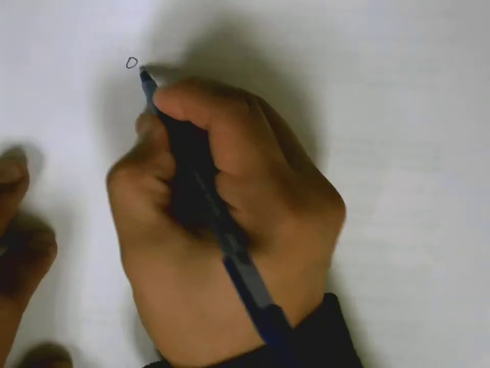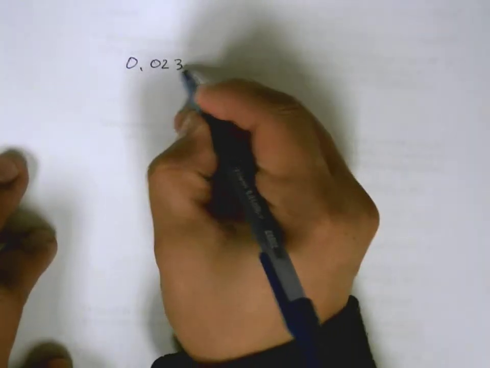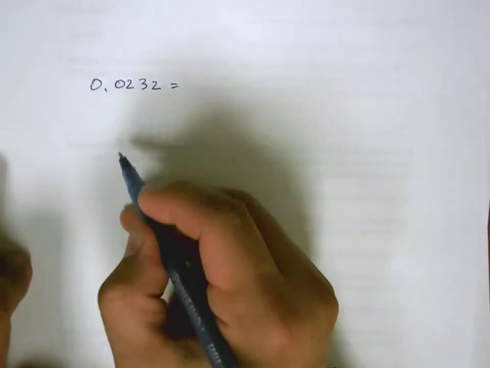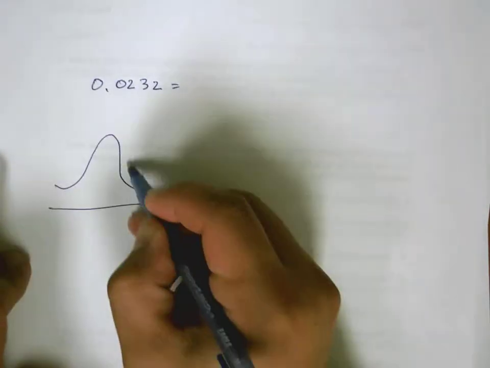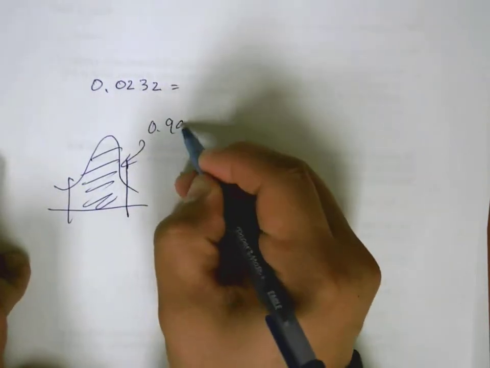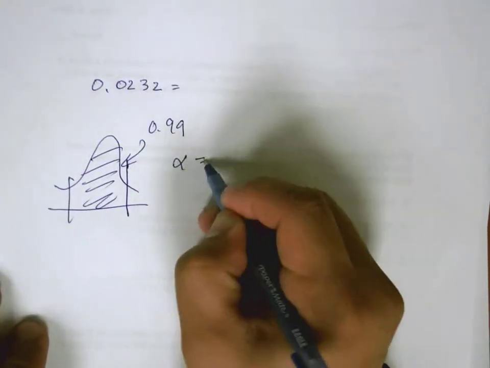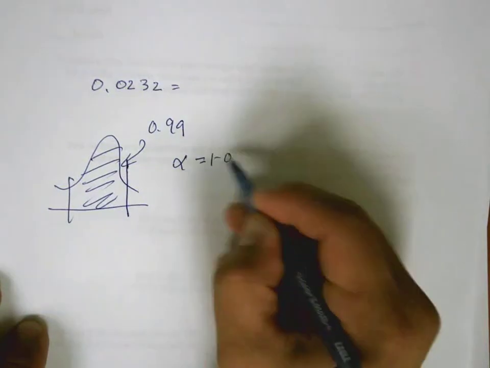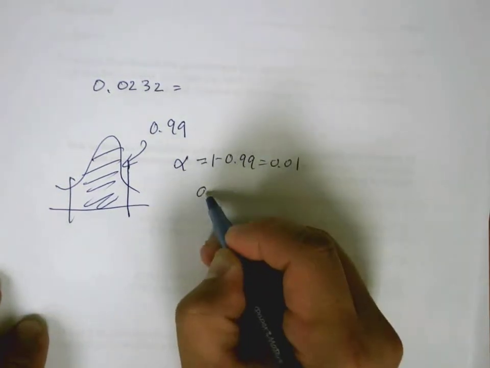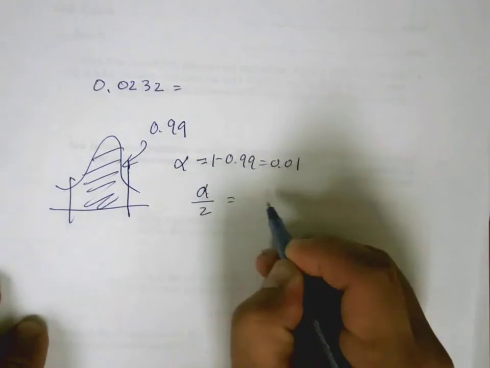Okay, so we know we want the error to be 0.0232. For z alpha over 2, we want this section here to be 0.99. So alpha is 1 minus 0.99, so 0.01, and alpha over 2 is just 0.005.